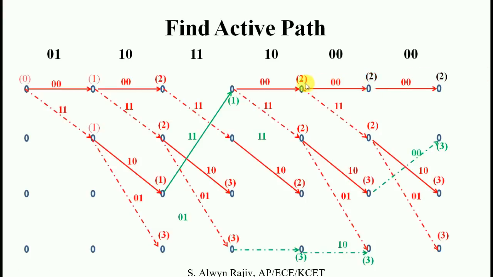Next, this is the third one, the fourth one, the fifth one, the sixth one, and the seventh one. This path is the active path from this minimum value to the starting point.